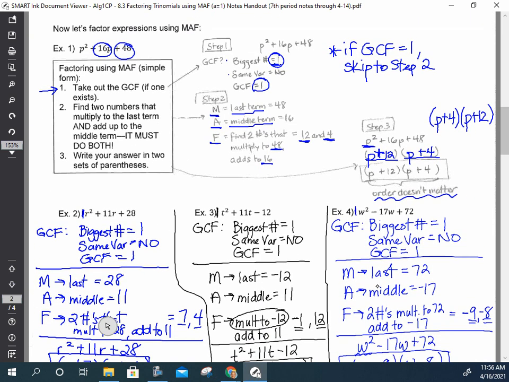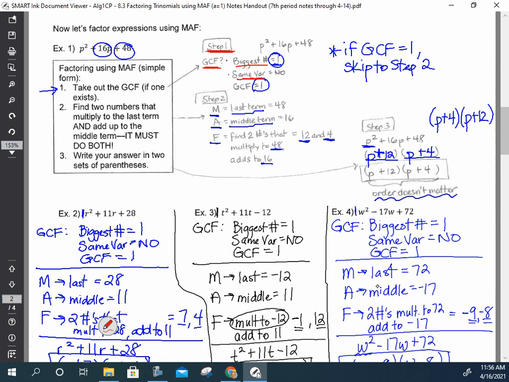Then we brought the variables into the problem. So it's an easy 3-step process. First step is to take out the greatest common factor. Greatest common factor is the biggest number. Find the biggest number that will divide out.